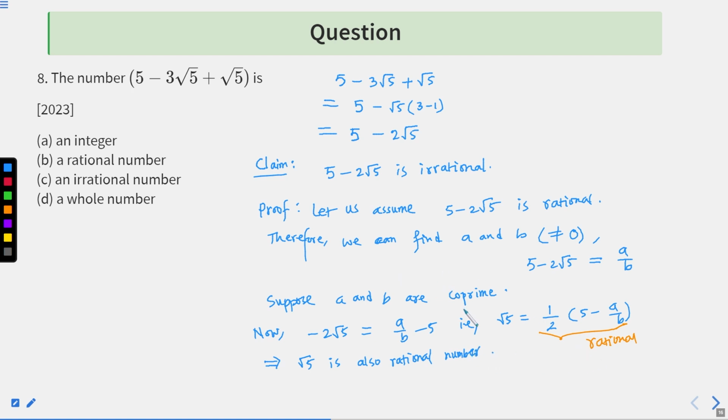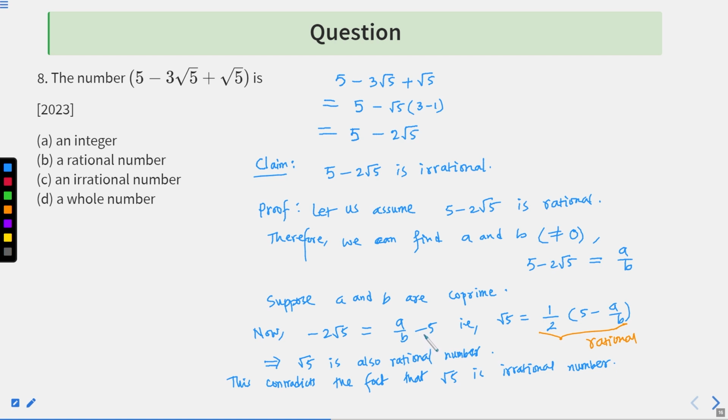But in our previous lecture we proved root 5 is an irrational number. So this contradicts the fact that root 5 is an irrational number.